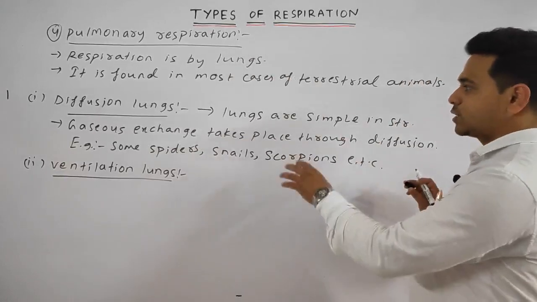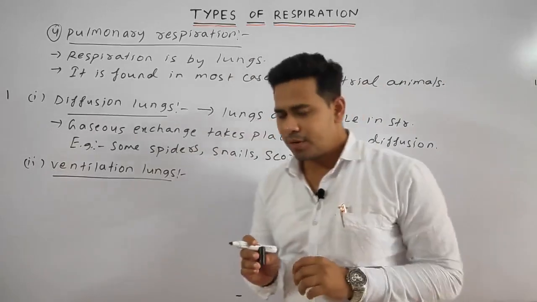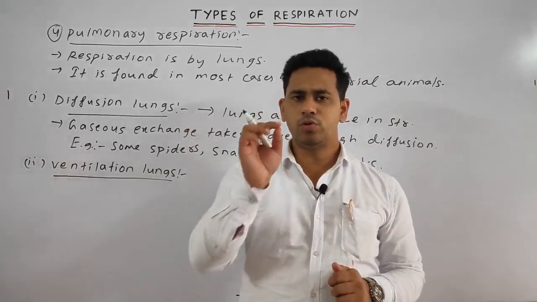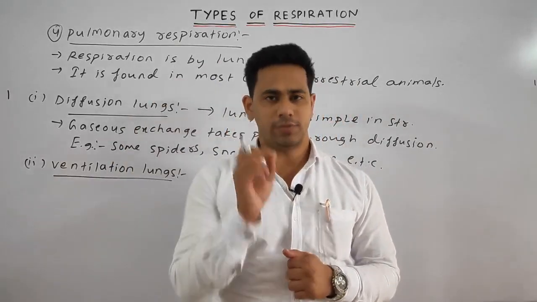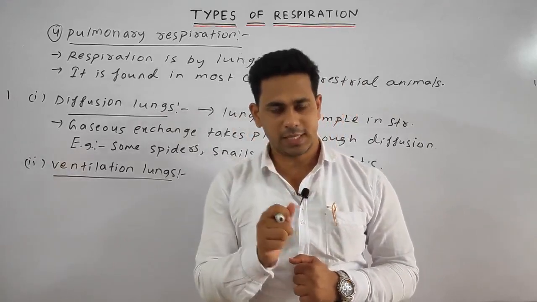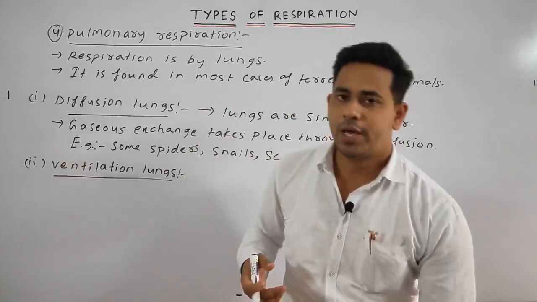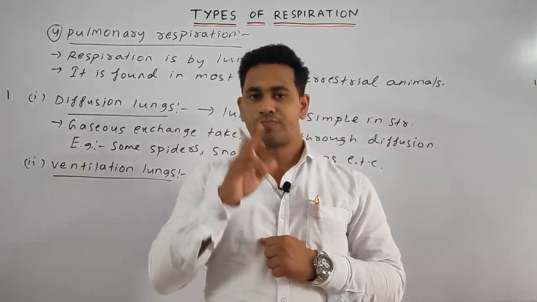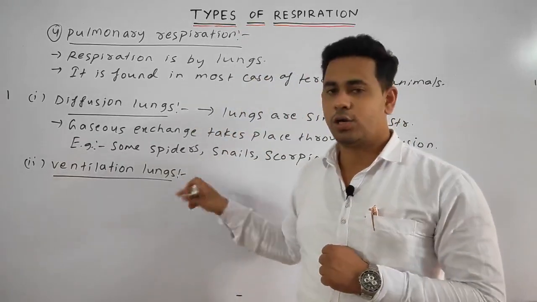Students, we discussed that diffusion lungs are very simple in structure, but ventilation lungs are found typically in vertebrates. If the animal is a vertebrate, then obviously the type of lungs present inside the animal will be ventilation lungs. Obviously we belong to the vertebrates, so in our case also the type of lungs present is known as ventilation lungs.